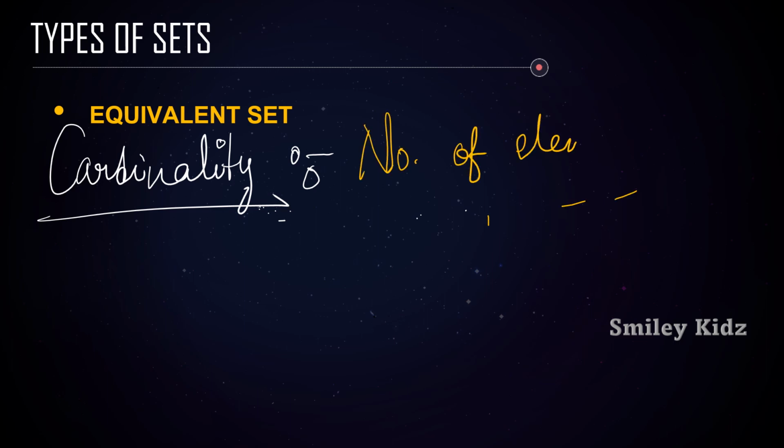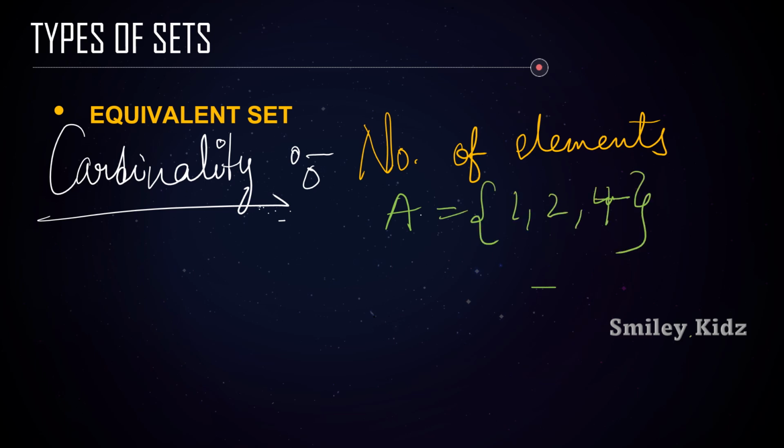The number of elements is known as the cardinality. Now what does that mean? A is equal to 1, 2, 4. Now here how many elements are there? 3 elements. Now I'll ask, what is the cardinality of this set? Then you should say it is 3, because the number of elements is 3.